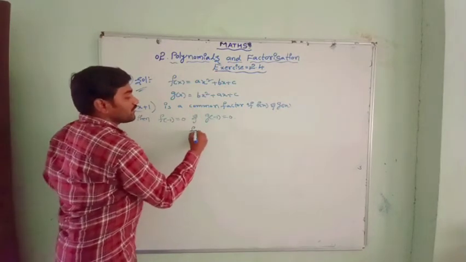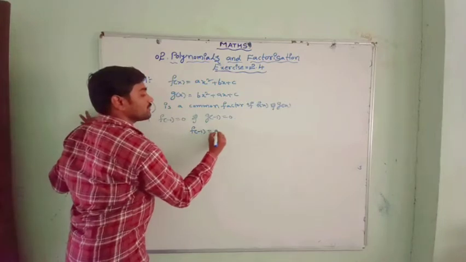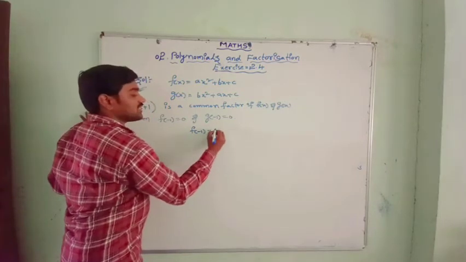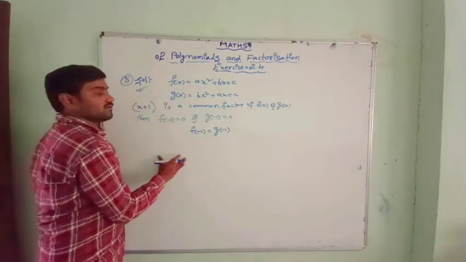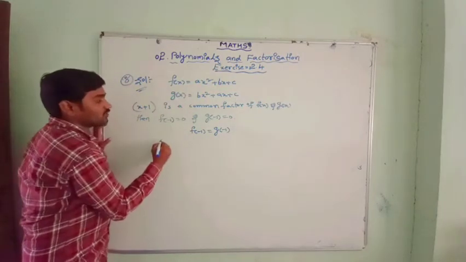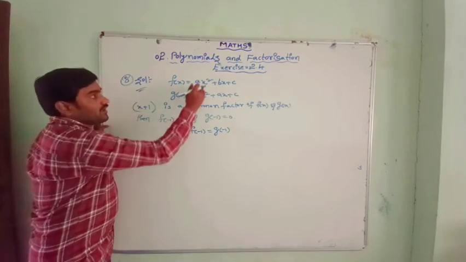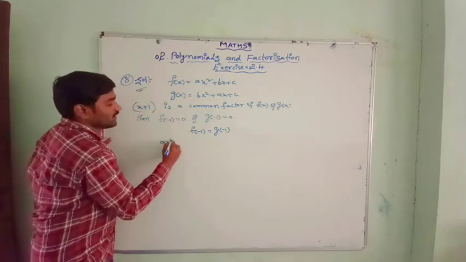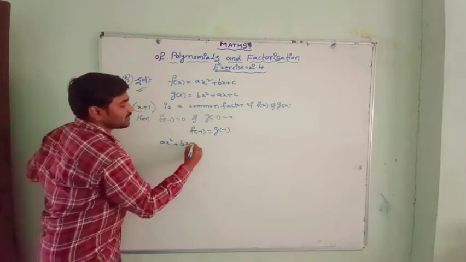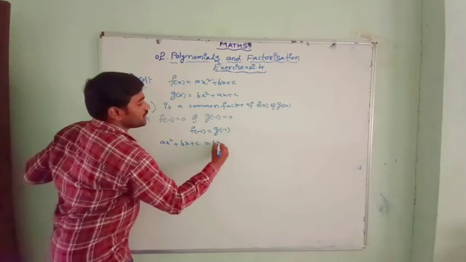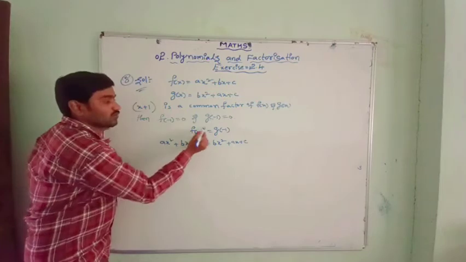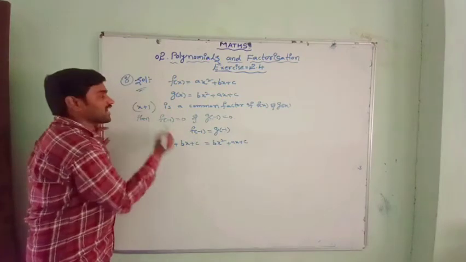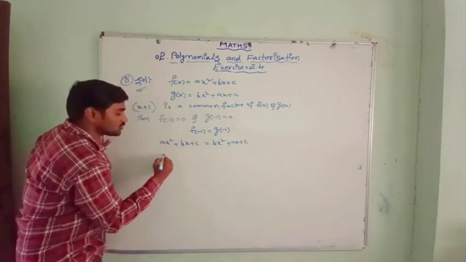Here f of minus 1 and g of minus 1 both will be equal to 0. So ax square plus bx plus c is equal to bx square plus ax plus c. In the place of x I am going to substitute minus 1 in both places because x plus 1 is a common factor.